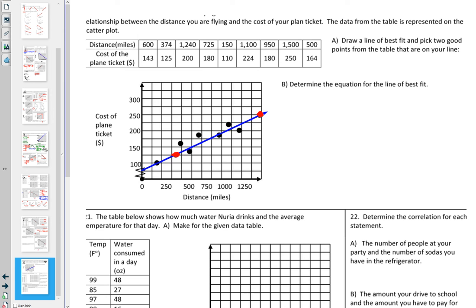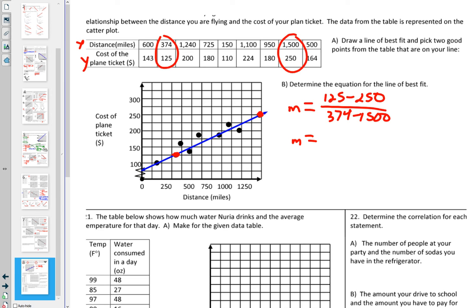That is a distance of 374 with 125, and then all the way at the end, let's pick those 2. But again, it could be slightly different depending on what you pick. Now determine the equation. So slope is, the y's are the cost of the plane ticket. So 125 minus 250 over 374 minus 1500.